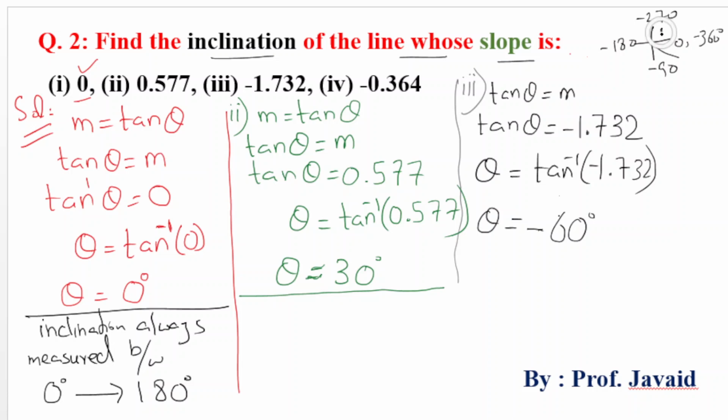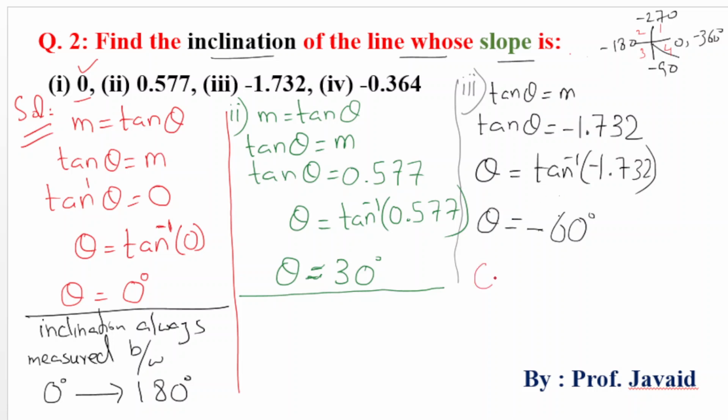So this is the first quadrant, and the next one is the second, this is the third, and this one is the fourth quadrant. Okay, so we can take it to the first quadrant. What we have to do is simple, we will just add 180 to this.